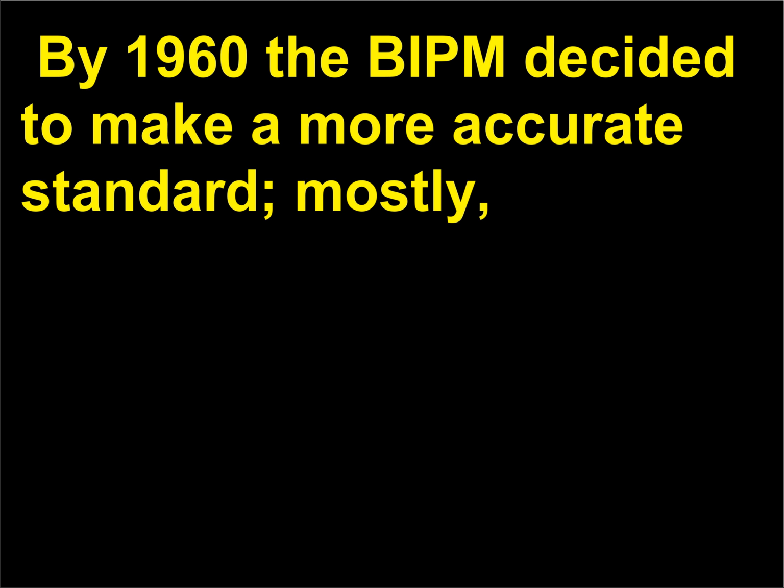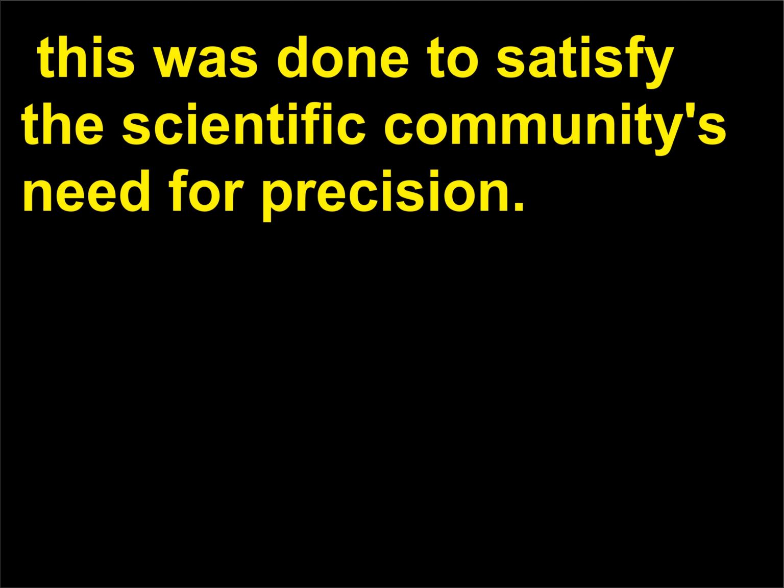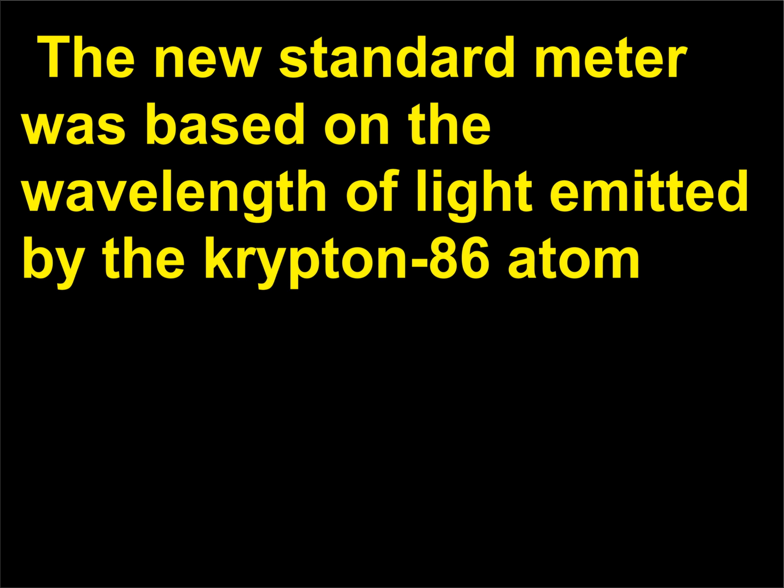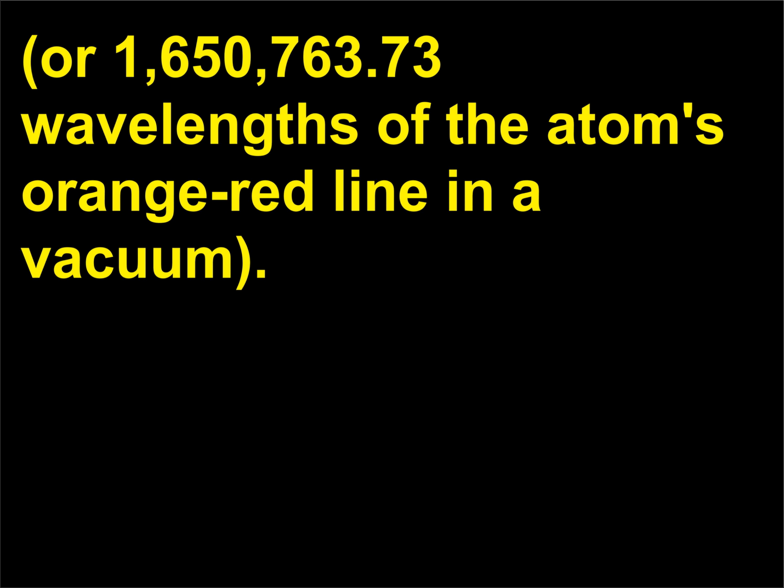By 1960 the BIPM decided to make a more accurate standard, mostly. This was done to satisfy the scientific community's need for precision. The new standard meter was based on the wavelength of light emitted by the krypton 86 atom, or 1,650,763.73 wavelengths of the atom's orange-red line in a vacuum.